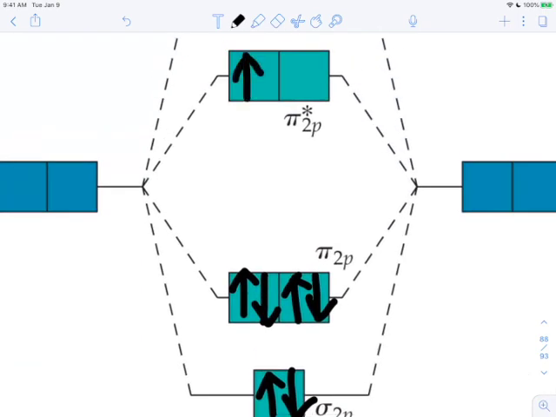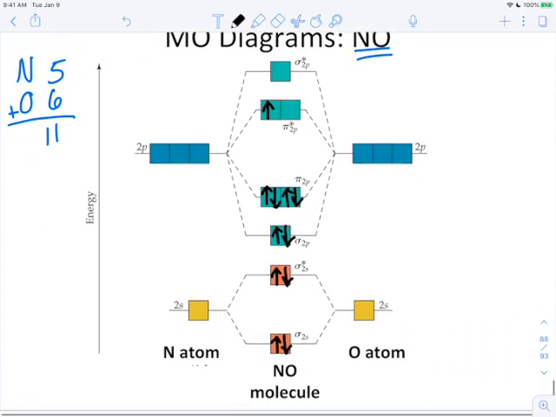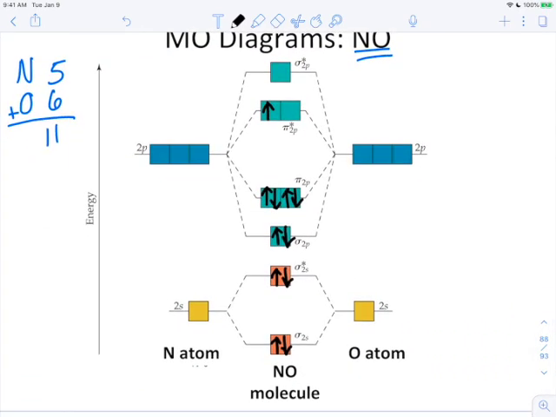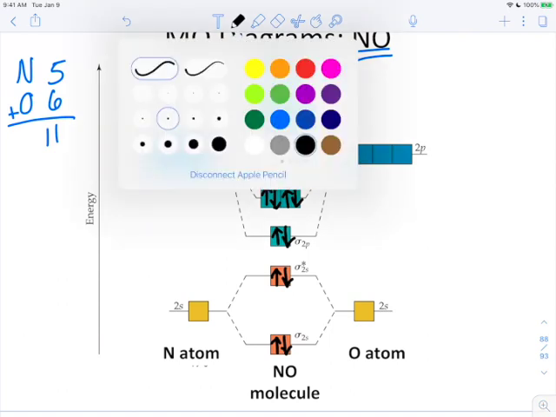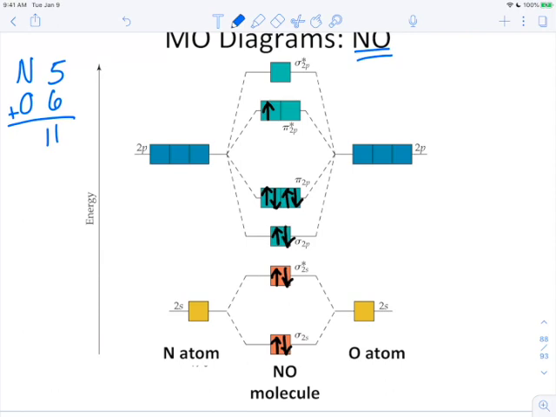That is the odd electron that makes it a radical. It is unpaired and it also is an uneven number. Any questions on what we've done so far? Yes, and it is going to have a fractional or a decimal bond order.